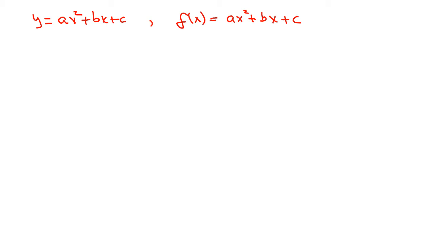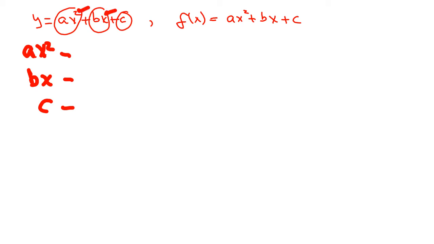So I want you to notice that we have three terms in a quadratic function, and those terms are going to have different numbers. So we have ax squared, right? That's the first term, bx is the second term, and c is my third term. So first, second, and third. Ax squared is going to be called my quadratic term, right?